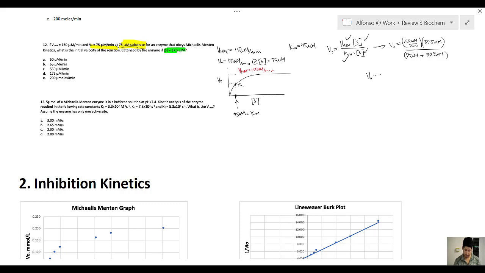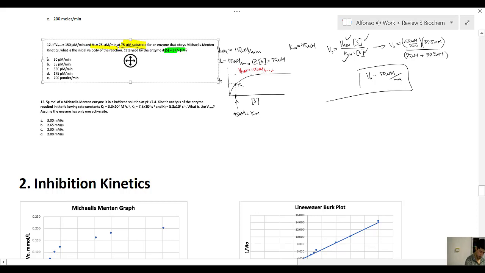So if I multiply this, I get 150 times 37.5 divided by 75 plus 37.5. What that gives you is 50 micromolar per minute. These are your units. So the correct answer is A.